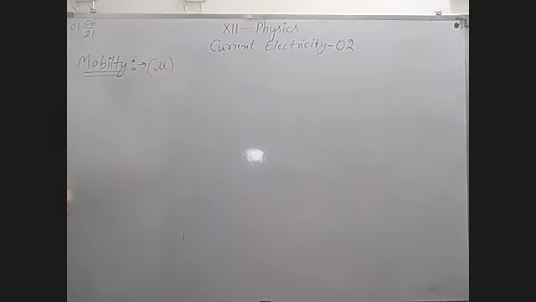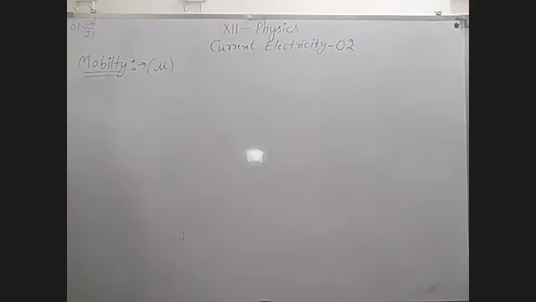Mu, as you know, you learn this in class 10th for refractive index, but here this sign shows the mobility of charge carrier, or you can say mobility of electron. What is this?